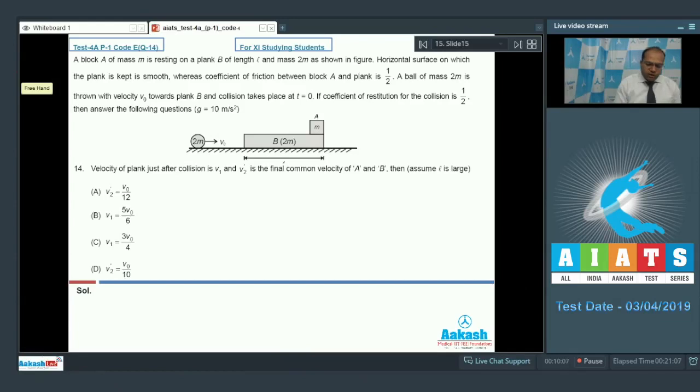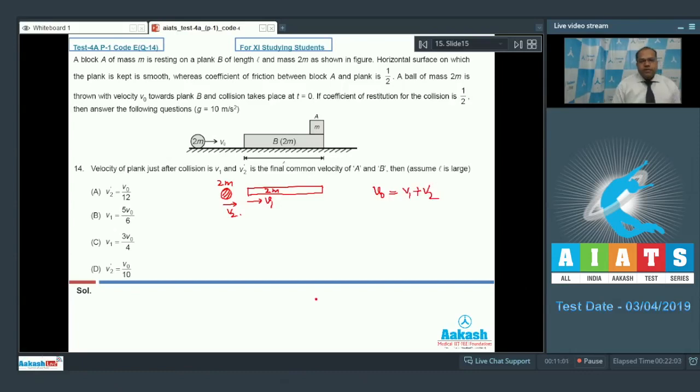So let immediately after collision the velocity of the plank of mass 2m is v1 and let the velocity of this ball of mass 2m is v2. Since if I consider the plank and the ball as a system, then no external force acts in the horizontal direction. So we can apply the principle of conservation of linear momentum in horizontal direction. So 2m into v0 is equal to 2m into v2 plus 2m into v1, or v0 is equal to v1 plus v2, is my first equation.